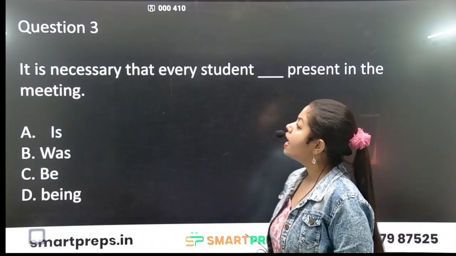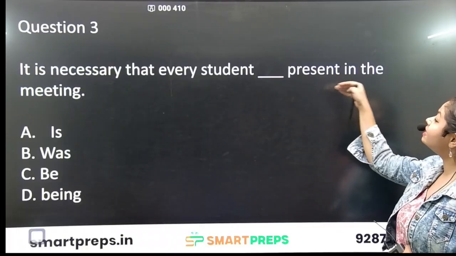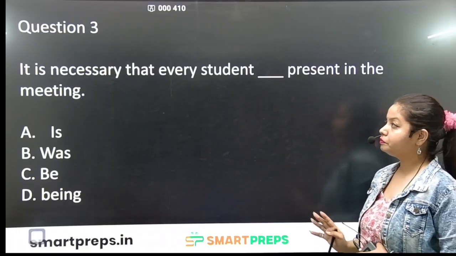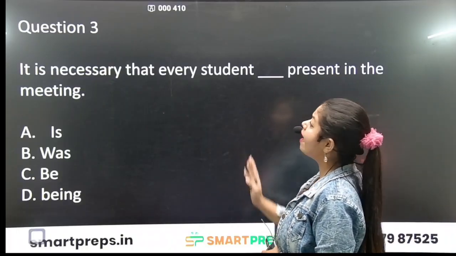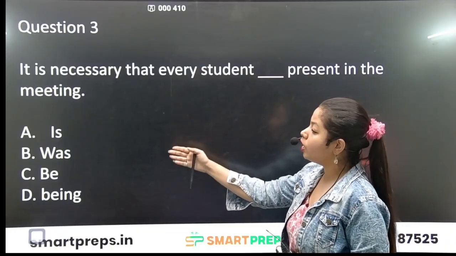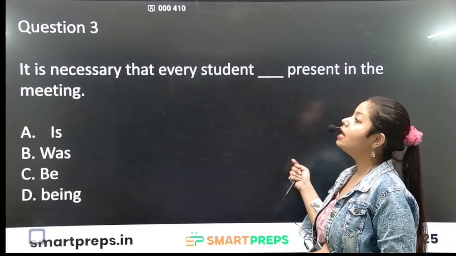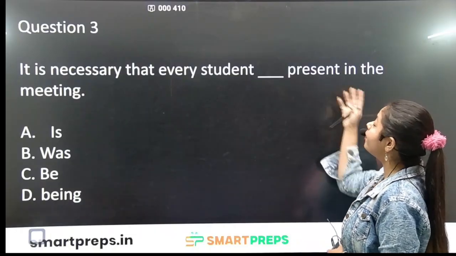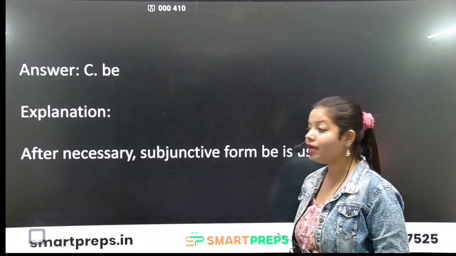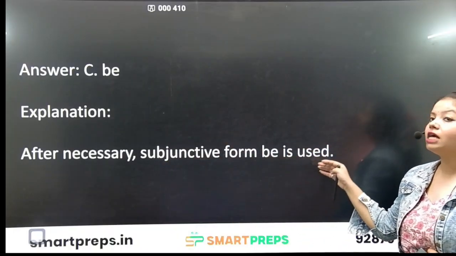Next question: it is necessary that every student dash present in the meeting. Options: is, was, be, being. The answer is B. It is necessary that every student be present in the meeting. Why do we choose B? Because after necessary, the subjunctive form be is used.